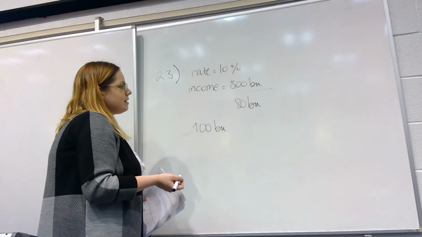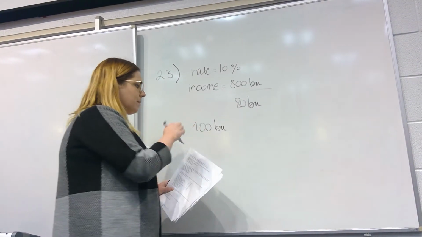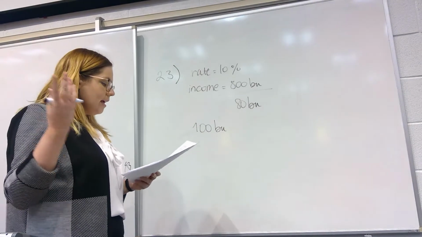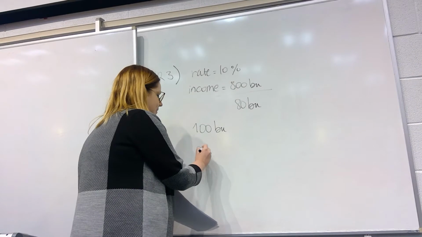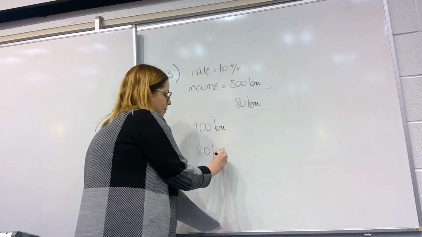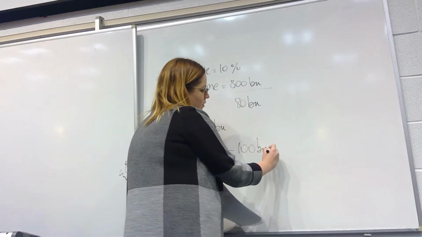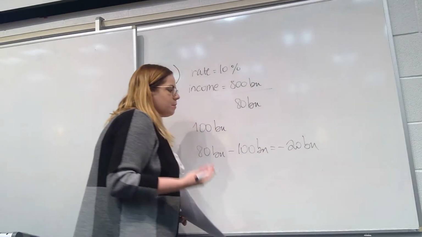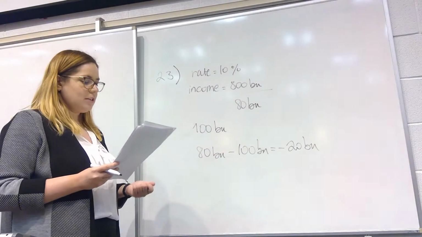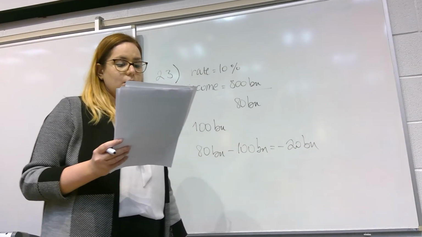So the difference between what government is earning and what government is spending is our surplus or deficit. In this case, the government is earning 80 billion, it is spending 100 billion. So the difference is minus 20 billion, which means that the government is actually running a deficit of 20 billion. And the correct answer here is answer D, 20 billion.